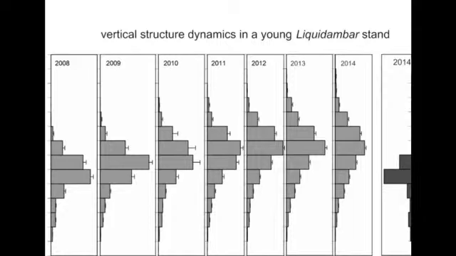So these panels all show the amount of surface area density per unit height as you go up into the forest. And what you can see is that every year there's been an increase in the shape, the mode, and the spread of the canopy structure. I've noticed in the last couple of years it seems to have slowed down somewhat.